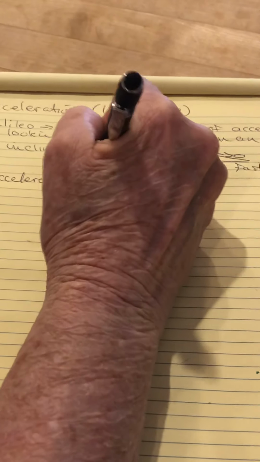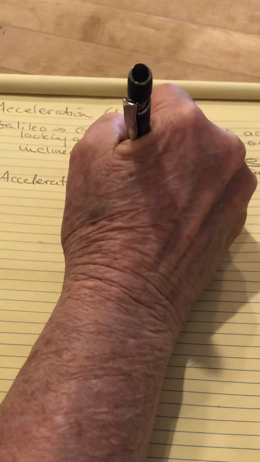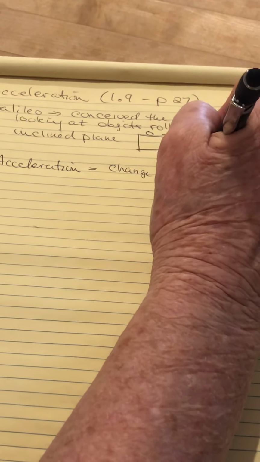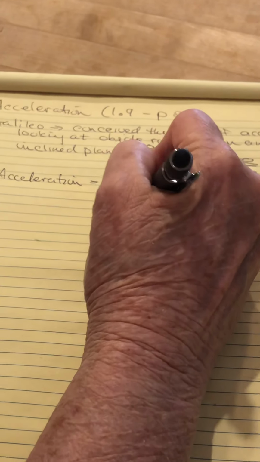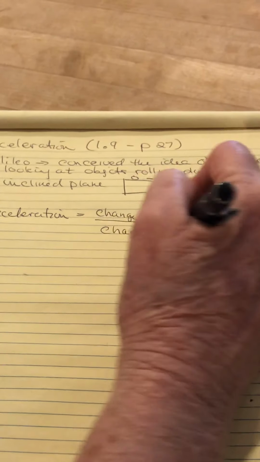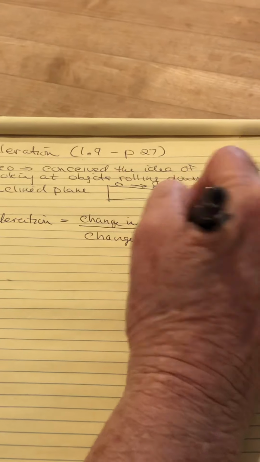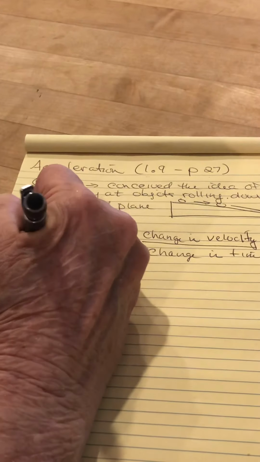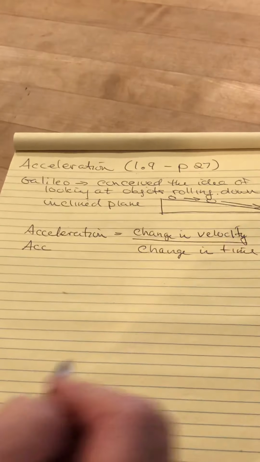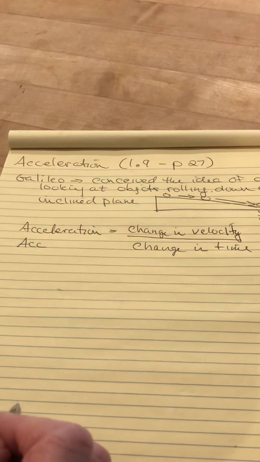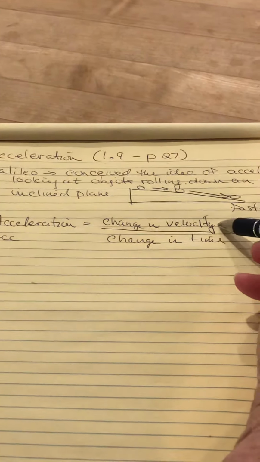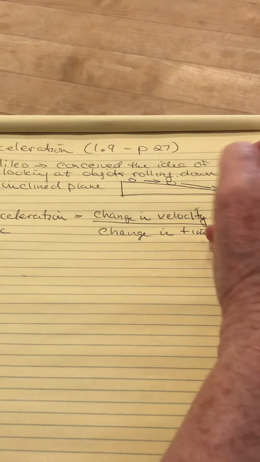Acceleration is the change in velocity over a change in time. Okay, so acceleration that I am probably going to just write as ACC from now on, because I'm lazy, is the change in velocity over the change in time.